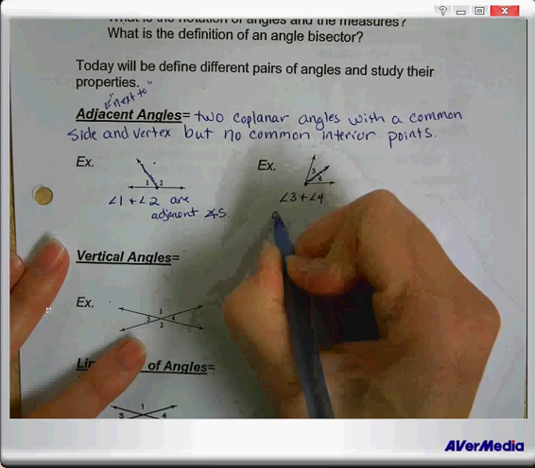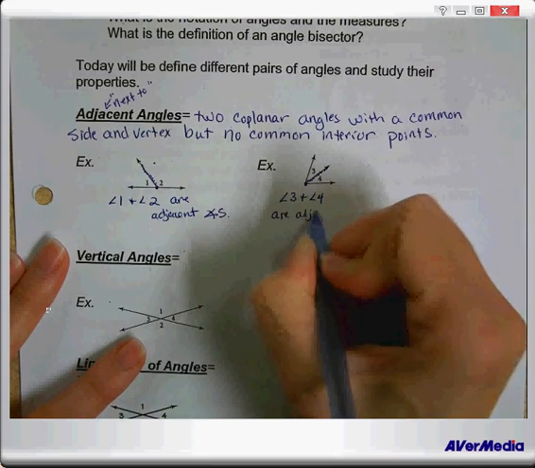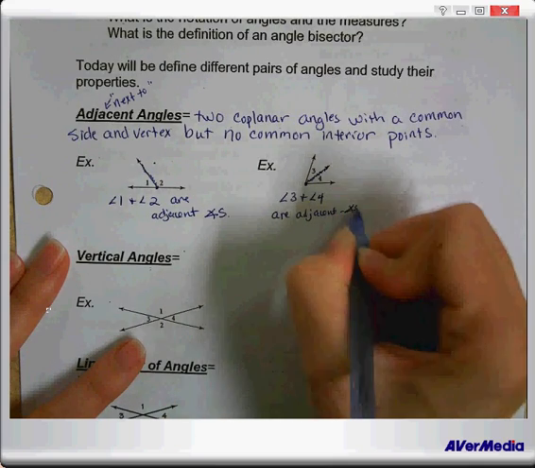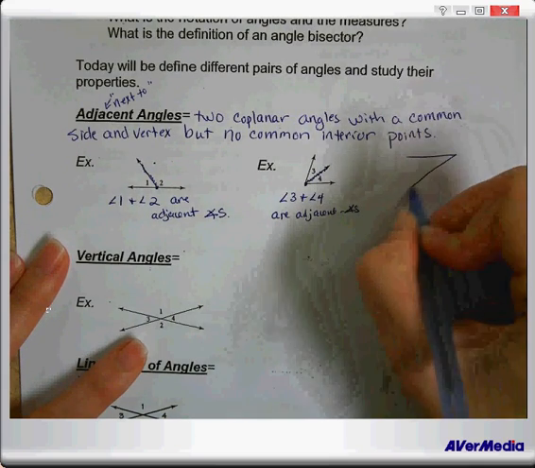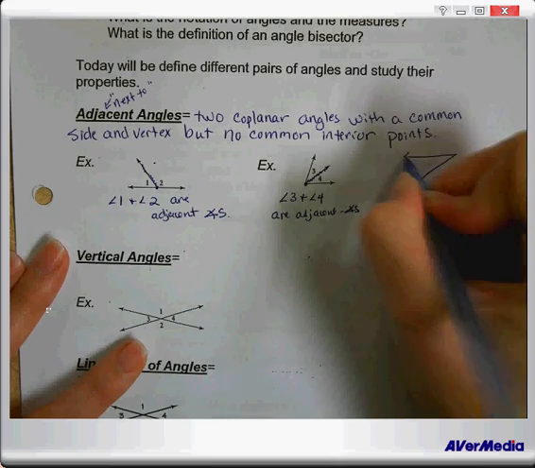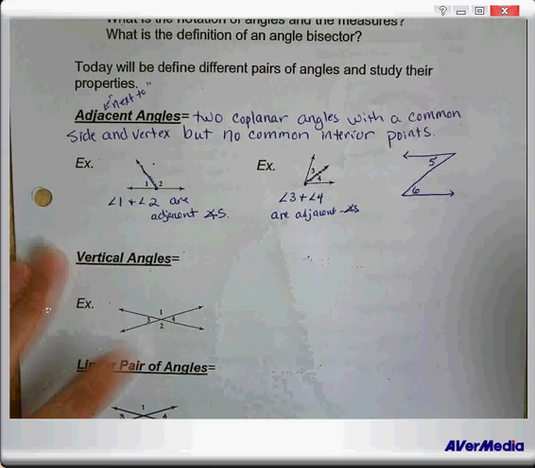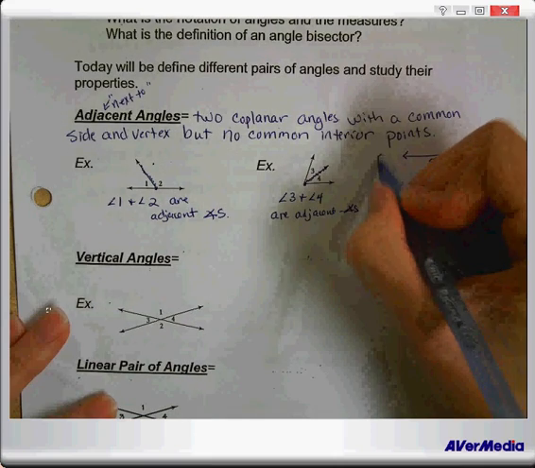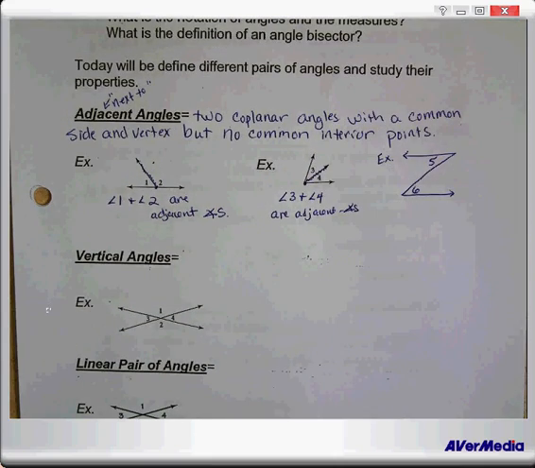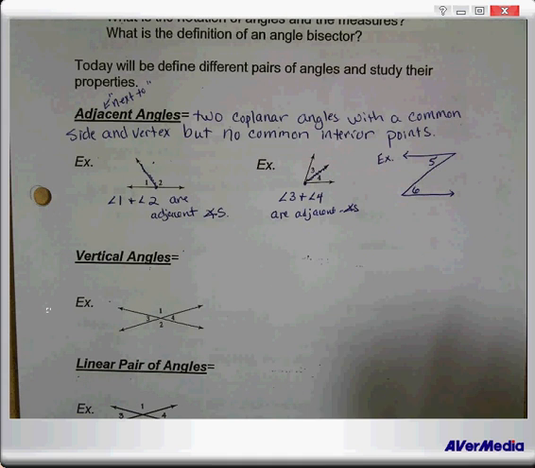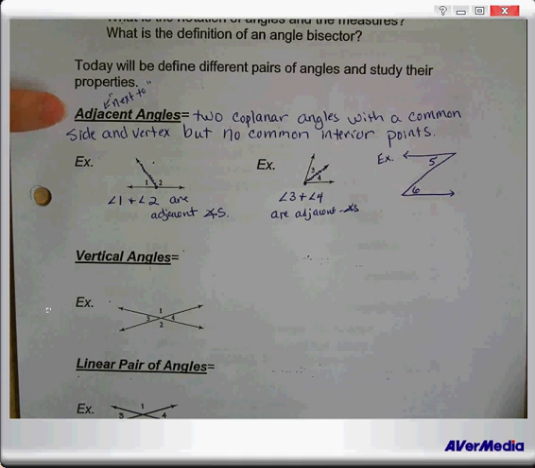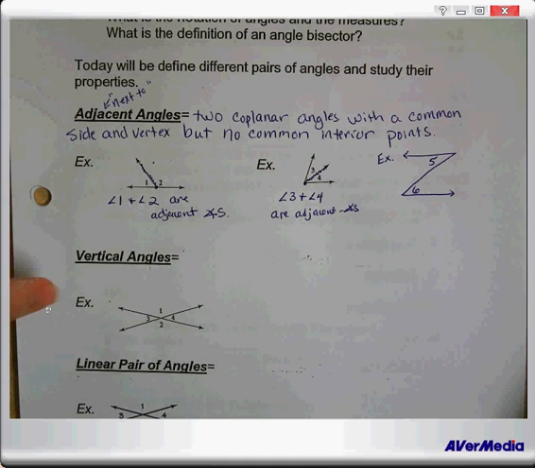But now let's look at this diagram right here. This is where we ended up the other day in class. We have angle 5 and angle 6. Now, are they going to be adjacent? Well, we have to think if-then. If it fulfills the definition, then they are adjacent. So what's the definition? Two coplanar angles. Well, obviously 5 and 6 are coplanar angles. Do they have a common side?